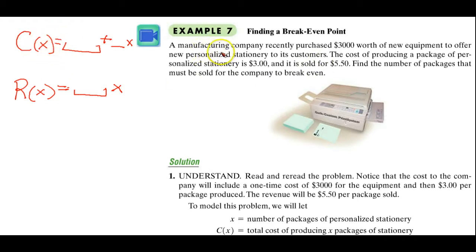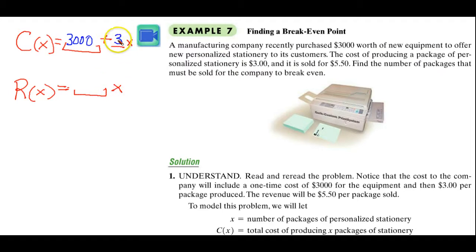So here they're saying a company recently purchased $3,000 of new equipment that we're going to put here to produce stationery. The cost of producing a package of personal stationery is $3.